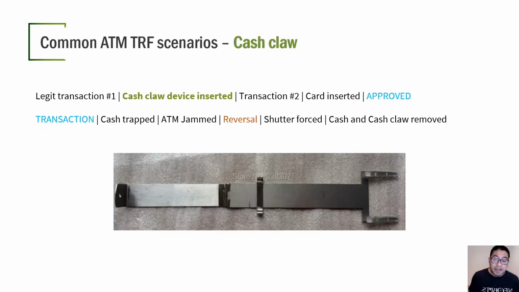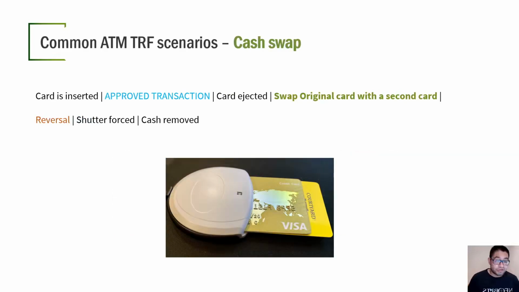I start the transaction 2, and then I will ask for more money, the maximum amount allowed by the ATM. And when the money is dispensed, the cash will be trapped in this cash clown. And when this happens, the ATM will be jammed and a reversal will occur. Then I will force the shutter, grab the money, grab the cash clown, and remove everything. And I will go.